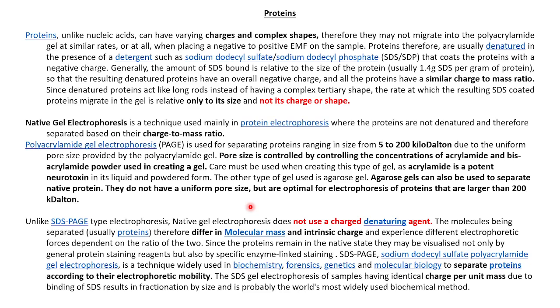Since the proteins remain in the native state, they may be visualized not only by a general stain but also by specific enzyme-linked staining, which is usually hampered when you are running an SDS page, primarily for two reasons. One is that the enzyme linking will not be possible in the presence of a detergent, so it hampers the affinity of the protein-protein interaction.